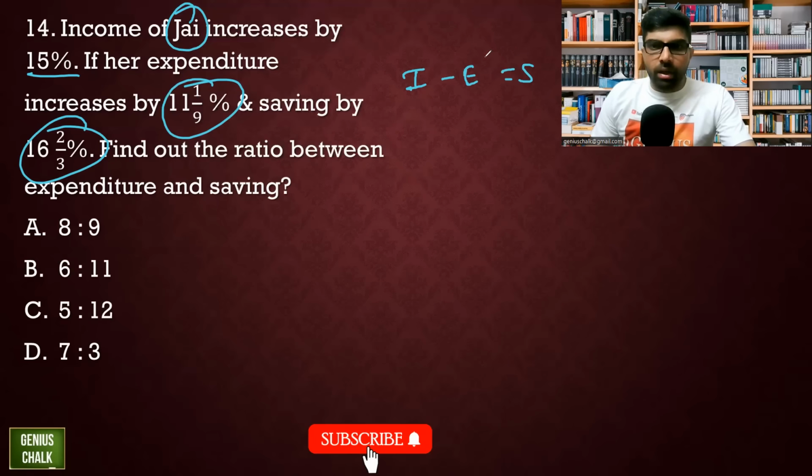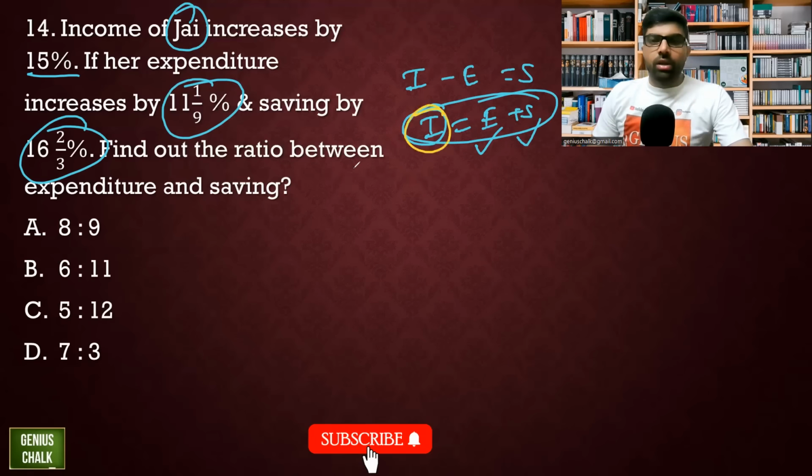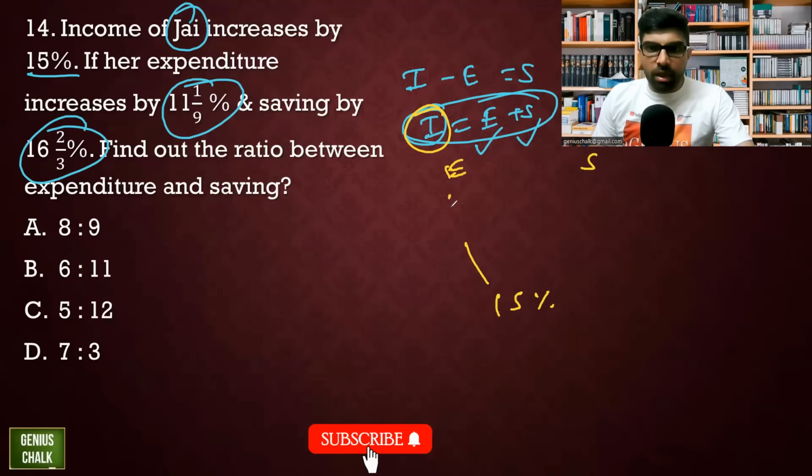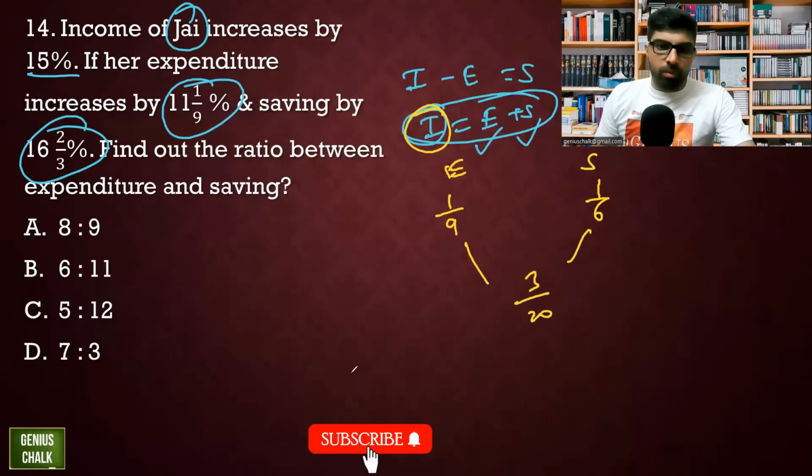So if you write income as expenditure plus saving, and apply alligation on expenditure and saving, you will get the overall as income. It is saying income is 15%, so overall is 15%. This is expenditure, this is saving. Expenditure is 11 1 by 9, which we say as 1 by 9. Saving is 16 2 by 3, that is 1 by 6. And 15% is 15 by 100, that is 3 by 20.